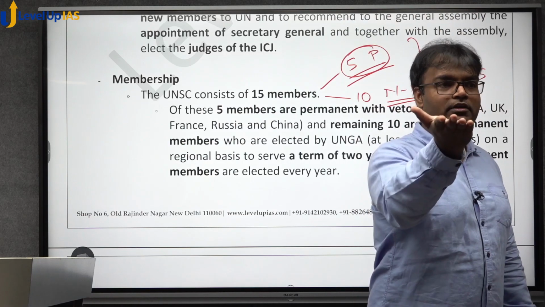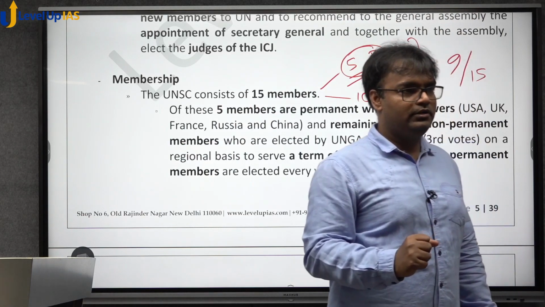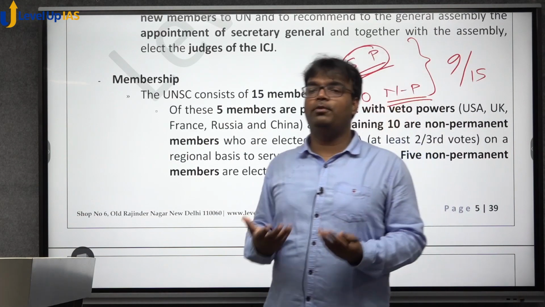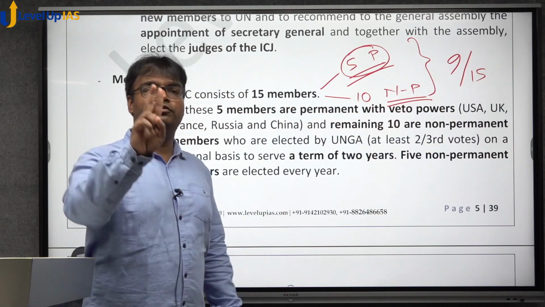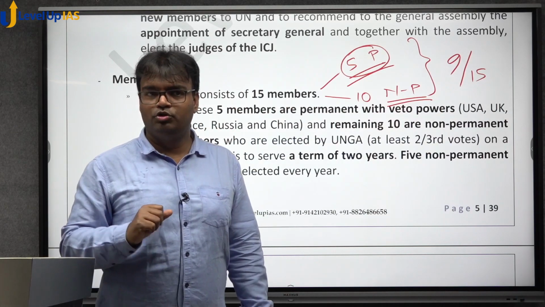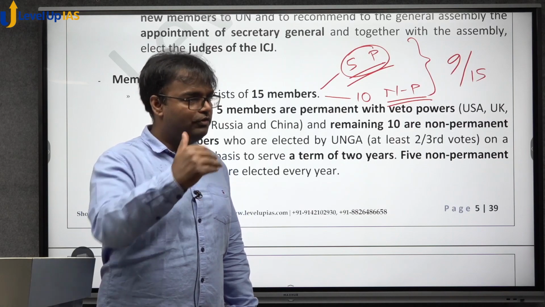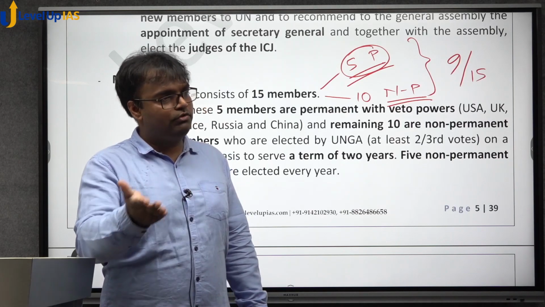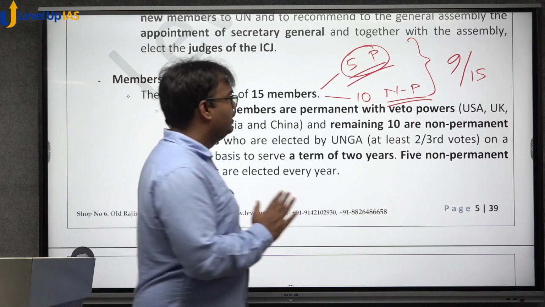They were given the permanent seats at UNSC and the veto powers. It was expected that they would behave responsibly. That has not been the case. The other 10 members are appointed for a 2-year period. So every year 5 members are appointed, and those 5 members will have a 2-year term. Next year again 5 members who will have a 2-year term.